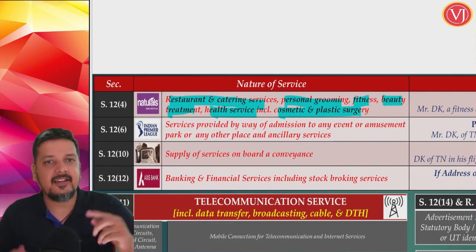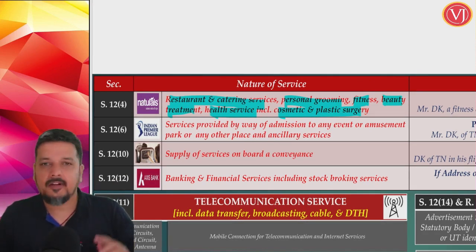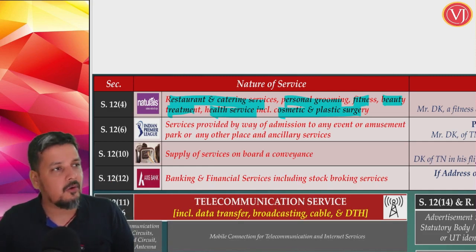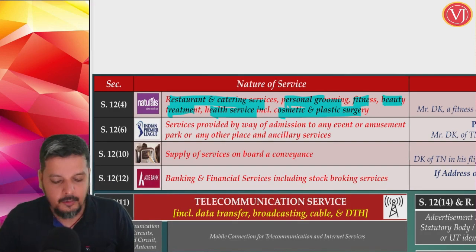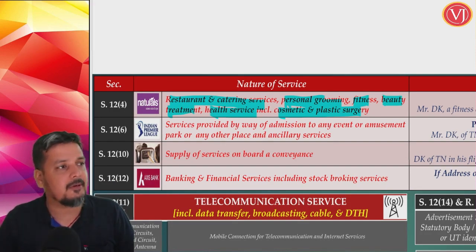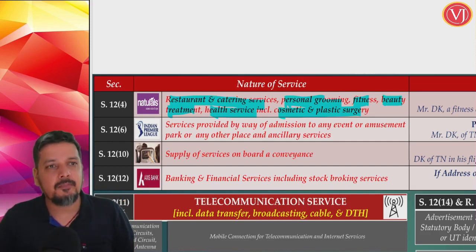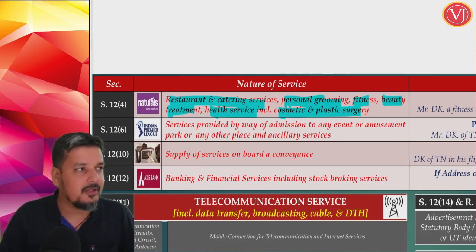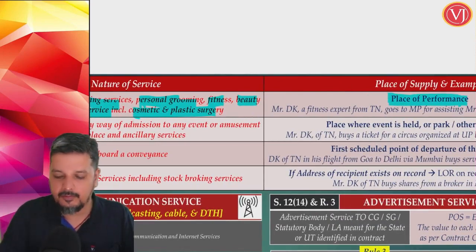Only if that person is there, I can give the service, whether it is training or performance appraisal, or restaurant, outdoor catering, personal grooming, fitness, beauty treatment, health services. Here, whether it is B2B or B2C, the answer is place of performance, the location of performance.